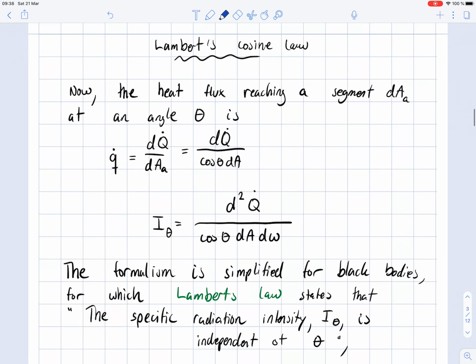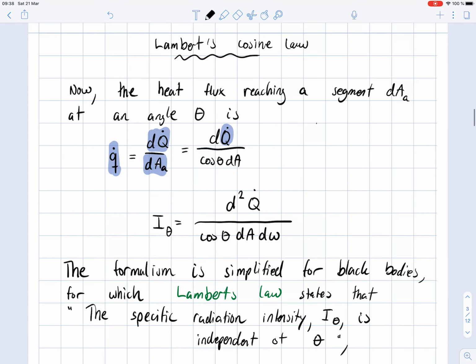So we will continue a bit and see how this relates to the things we are interested in, which essentially would be the heat transfer rate Q. So if we consider the heat flux is always given as the change in the heat transfer rate per area, because it's going to be watts per square meter.